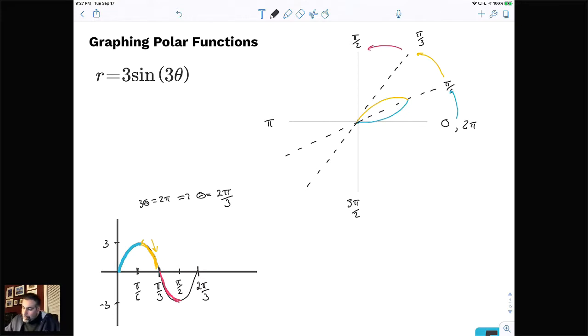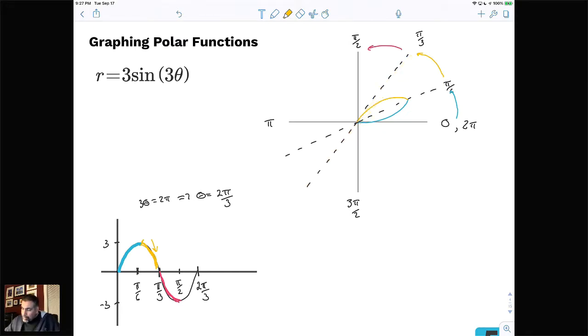This entire line right here, I'm going to highlight, I consider that the pi over 6 axis. If I move towards pi over 6, I'm moving in the positive direction. If I move away from pi over 6, I'm moving in the negative direction. This guy right here, I consider the pi over 3 axis. So if I move towards pi over 3, that would be positive. If I move away, which would be going to the third quadrant, that would be negative. Every angle axis can be thought of that way.